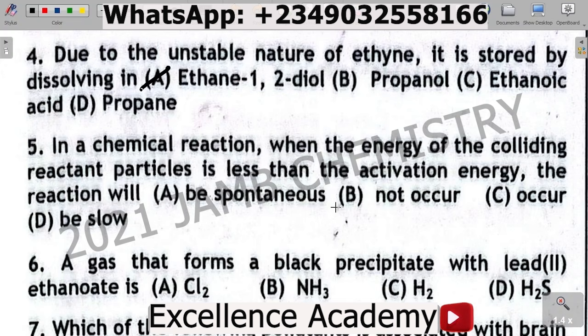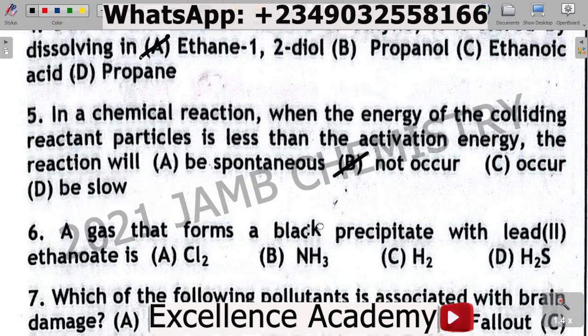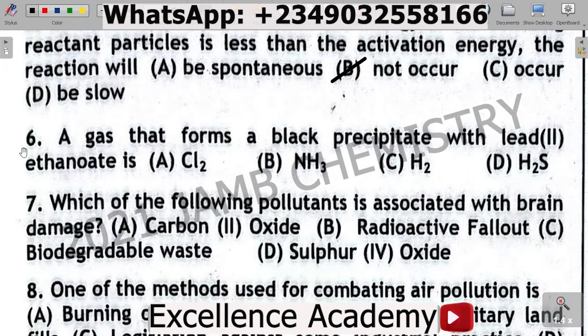So the correct answer here is what? B. Because for any reaction to occur, the activation energy barrier must be reached. And in a case where the energy of the colliding reactant particle is still lesser than the activation energy, that means nothing will happen or the reaction will not occur. That's your answer.